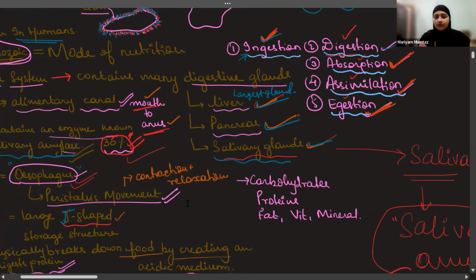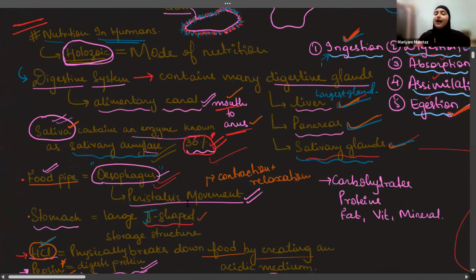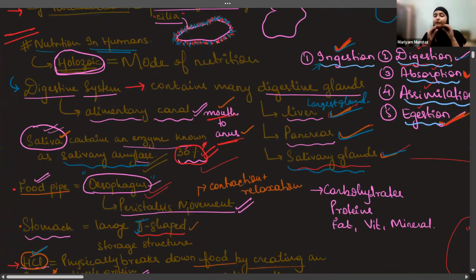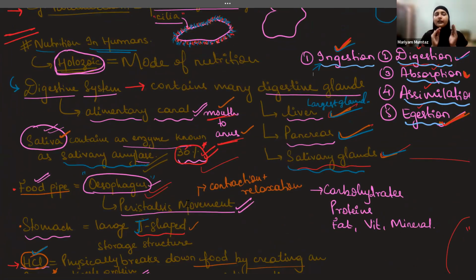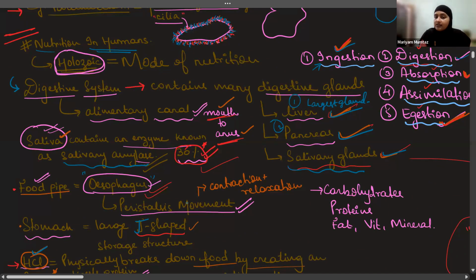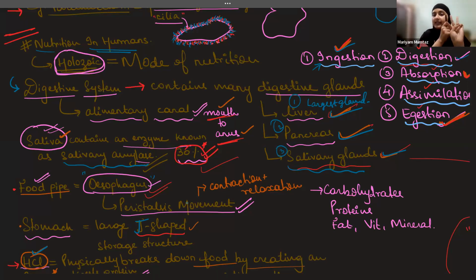All right. Now, moving forward, for our digestion process, we have a very well developed digestive system, which consists of many digestive glands. What are those digestive glands? We have liver, pancreas, and salivary glands. Liver is commonly known as the largest gland of the human body.